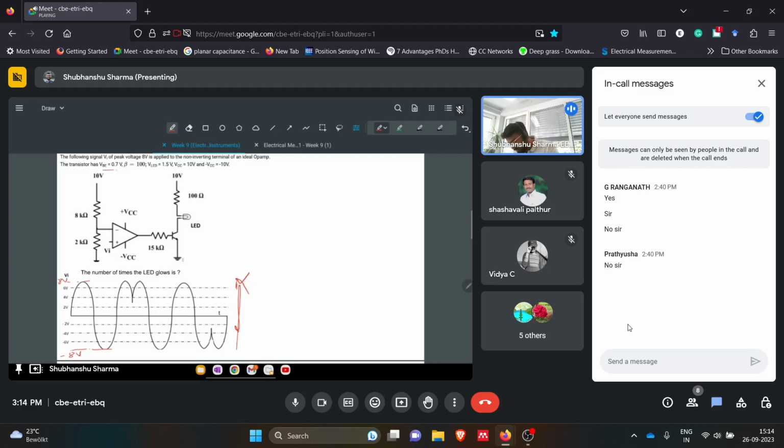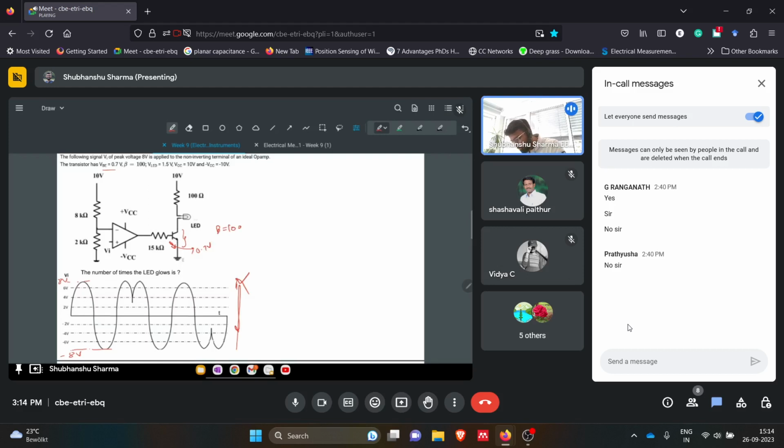So they are saying the transistor has VBE of 0.7 volts. So this transistor has a base to emitter voltage drop of 0.7 volts. Beta they have given to be 100.